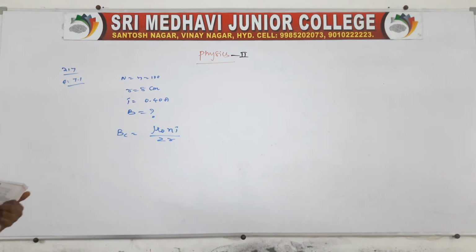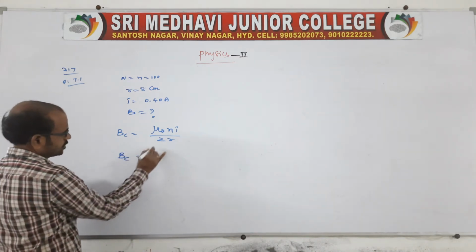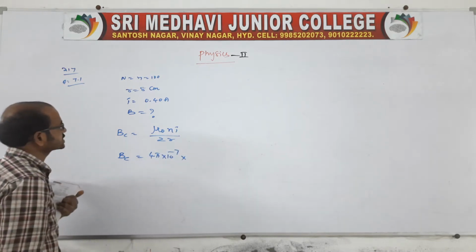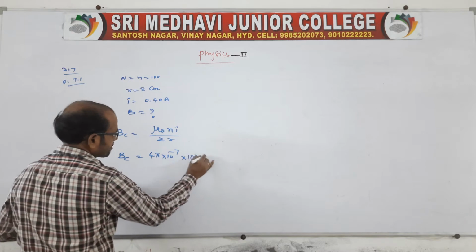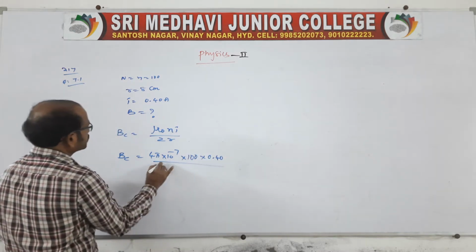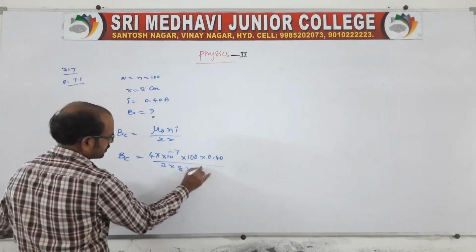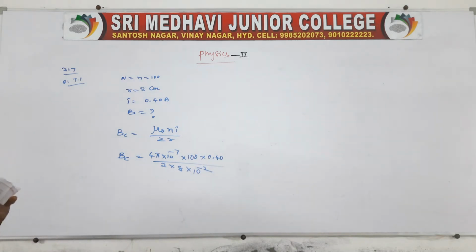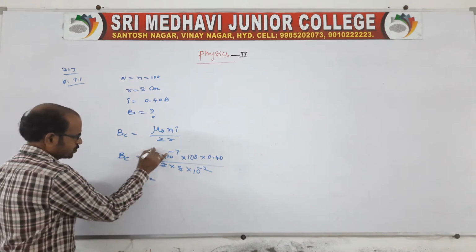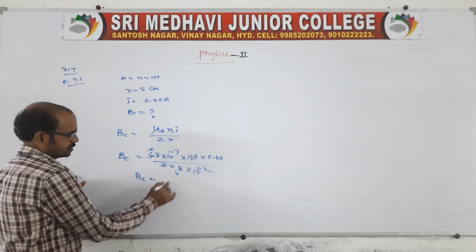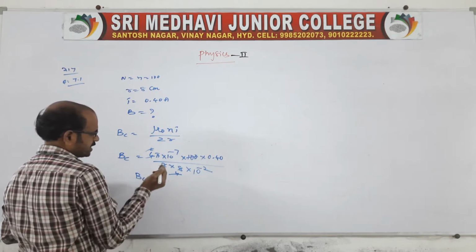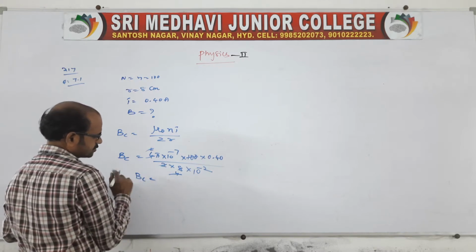Simple question. So, BC at the center, mu naught is 4 pi into 10 power minus 7. N is 100 turns. I is 0.40 by 2 into 8 into 10 power minus 2. So, BC at the center is equal to, 2 ones are 2, 2 twos, 2 fours. So here it is 4 ones, 4 twos, it is maybe 25, right?